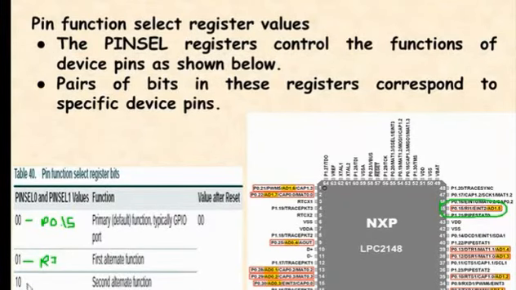If it is 1 0, then EINT2, external interrupt 2. And if it is 1 1, then analog input AD1.5. So these are the functions according to its pin select. For one pin you require 2 lines.